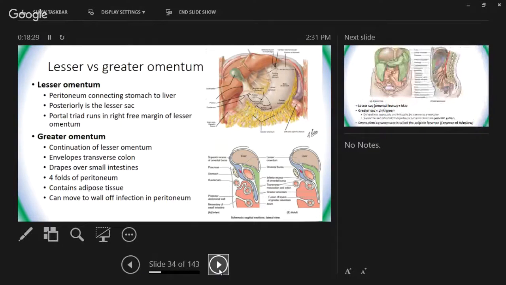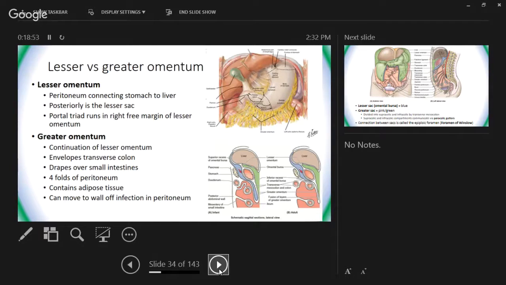Alright, so the lesser omentum is one of these, running from the stomach to the liver. And the greater omentum is a continuation of that. So the lesser omentum tracks through the stomach and then becomes part of the greater omentum.